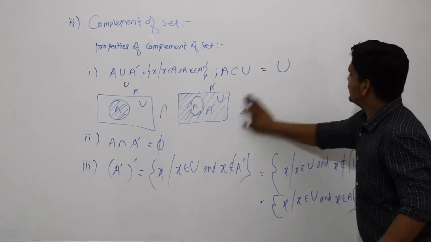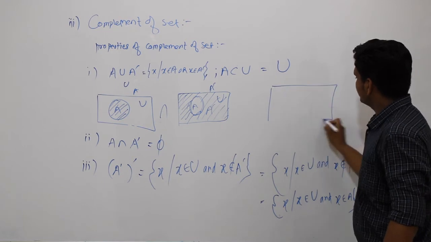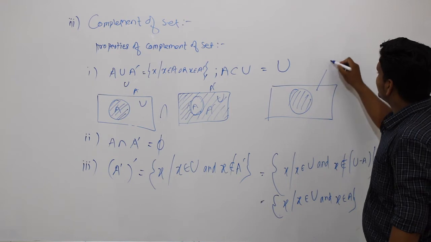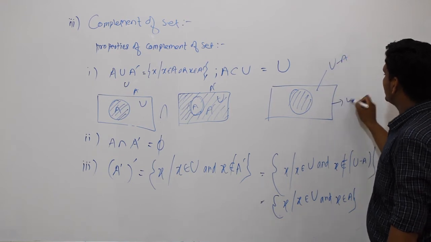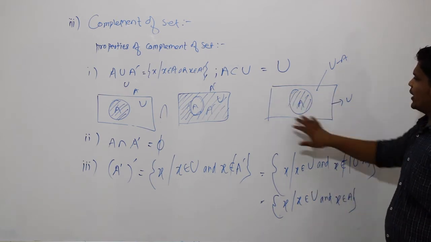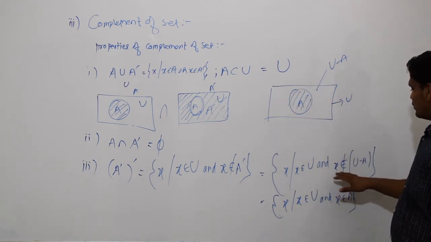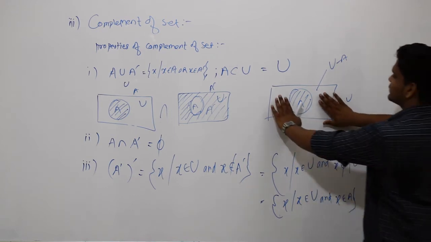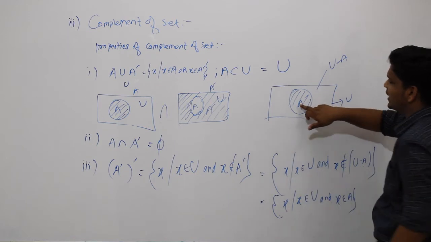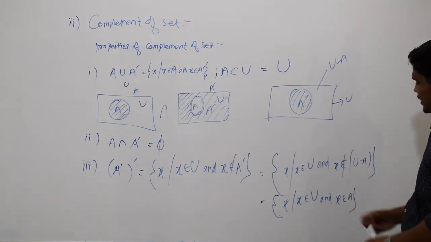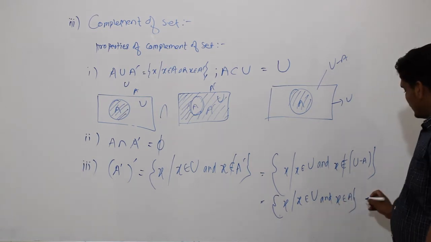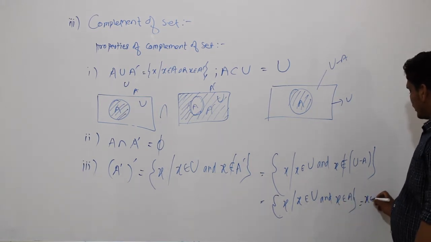For example, I will write here, suppose this is my A and this is my U minus A. This is my U, this is A, this is my U minus A. What I am telling is X from U such that X must not be in U minus A. So X should not be in U minus A, which means X must belong to A. X belongs to U and X belongs to A means it is nothing but X belonging to A only.